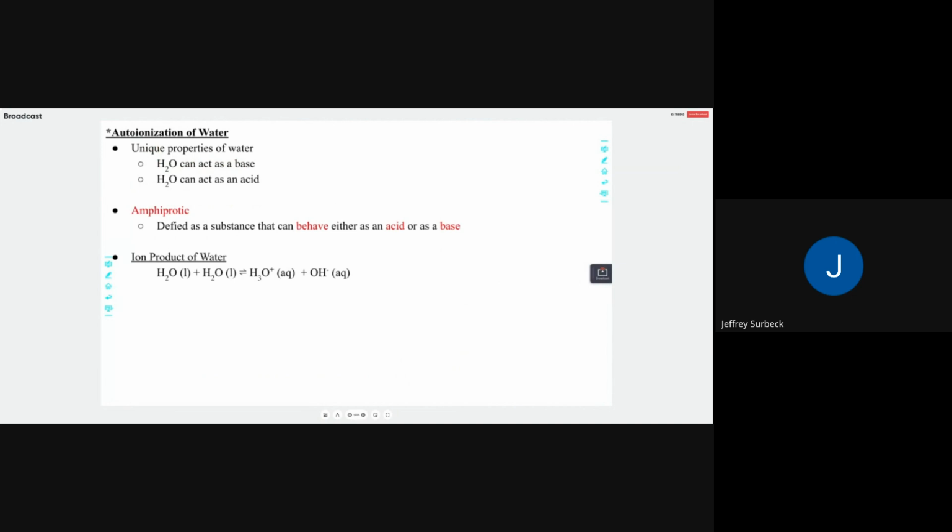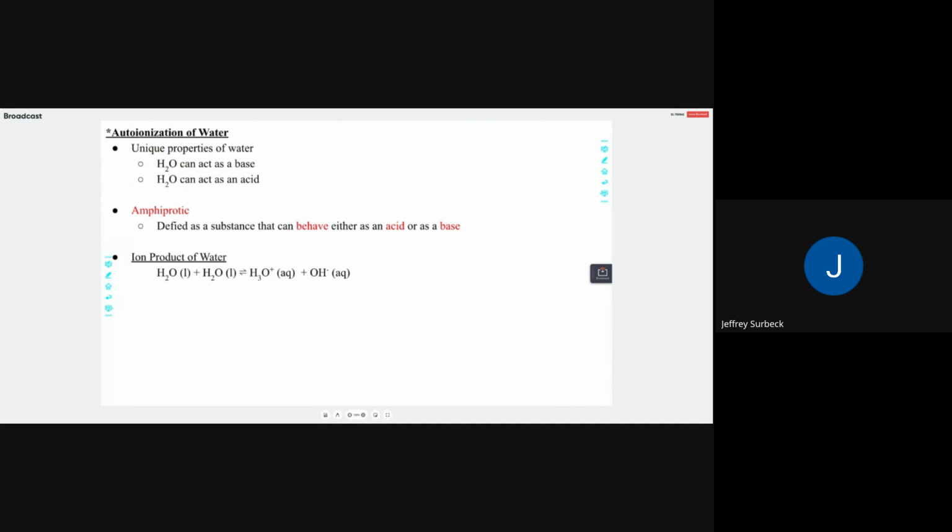Water can do that. And because it can do this, it's considered an amphoteric substance, which means in certain circumstances it acts as an acid, in certain circumstances it acts as a base.